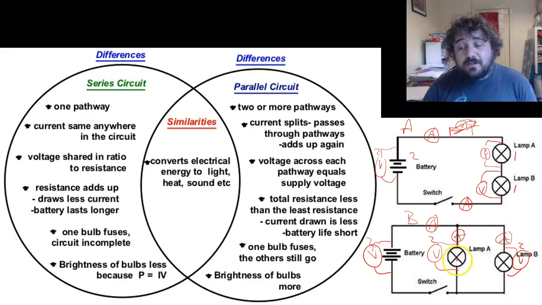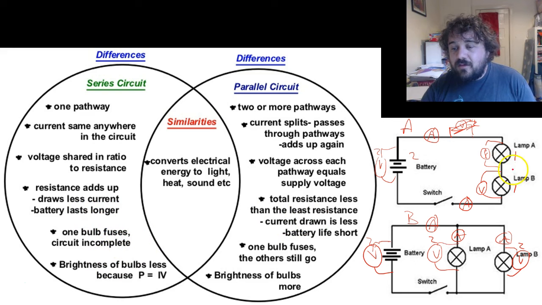The current is split in this one here, but the voltage, the energy that the current carries, isn't. Over here, the current is not split, but the voltage, the energy, is shared up by both of the loads. The total resistance doesn't matter to us at the moment.